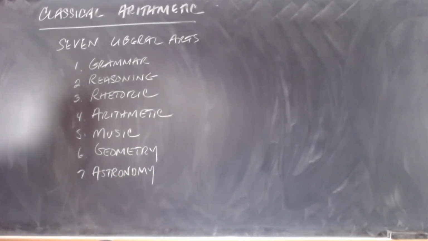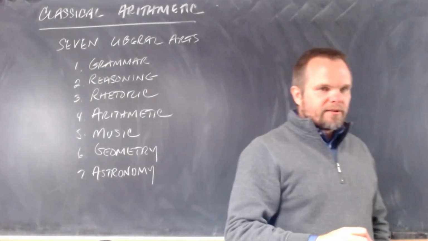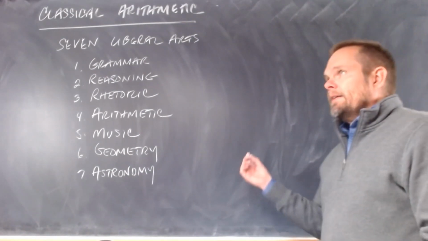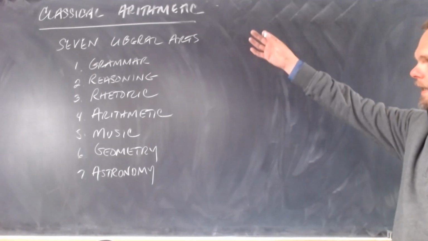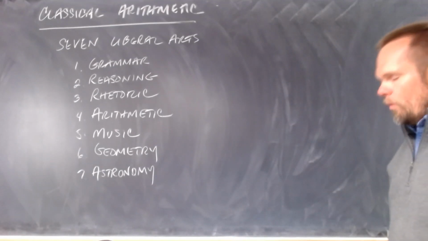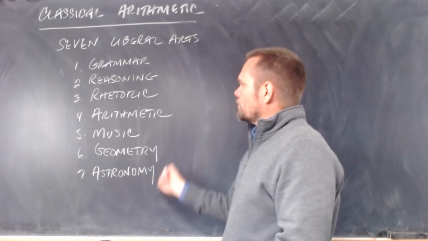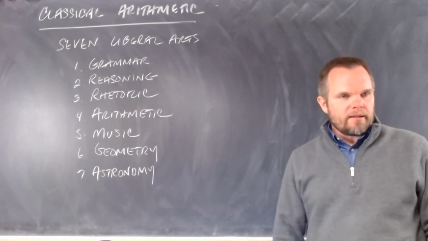These are the seven liberal arts. These are the seven arts which all throughout history, at least since the time of classical Greece, have been taught as the curriculum of wise men. If modern schools followed the wisdom of the ancients, this would be the school curriculum.